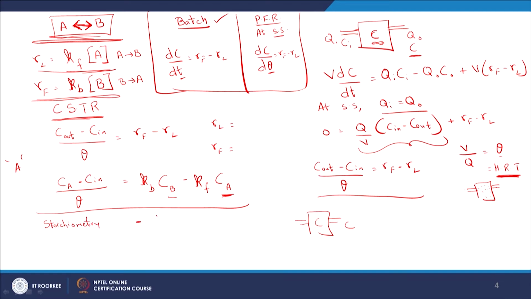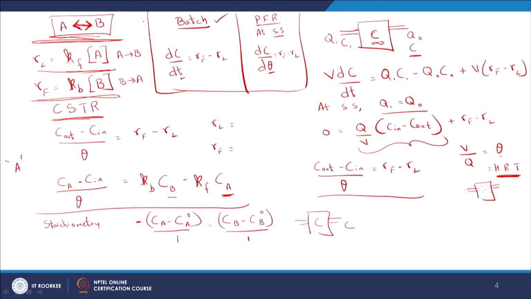I guess Ca minus Ca naught by stoichiometric coefficient 1 will be equal to Cb minus Cb naught, right, by the stoichiometric coefficient, which is again 1. So, this is what we have, and so let us try to write this down on a fresh sheet of the board and then take this through.